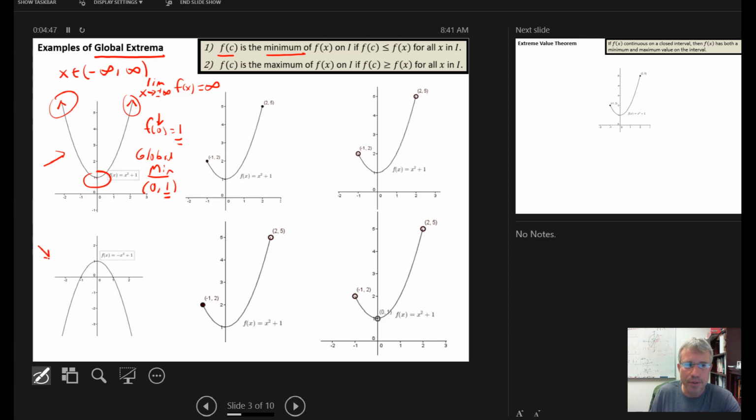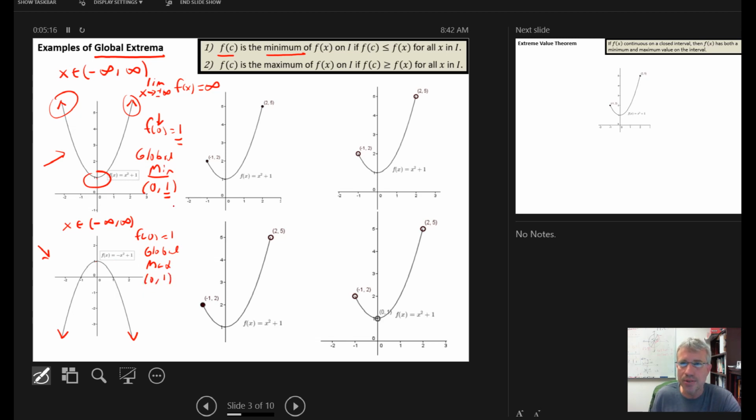Here I have a parabola opening downwards. So in this case, the domain over which I've given this function is still negative infinity to infinity. And right here, I do see that I get f of 0 equals 1, but now that's going to be a global maximum. The largest output the function gives me is 1 at the ordered pair 0, 1.